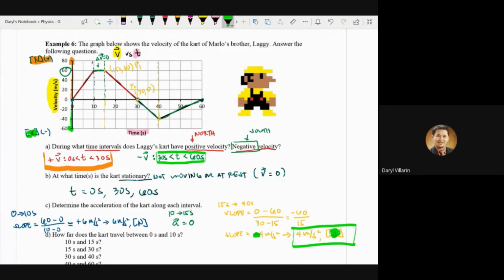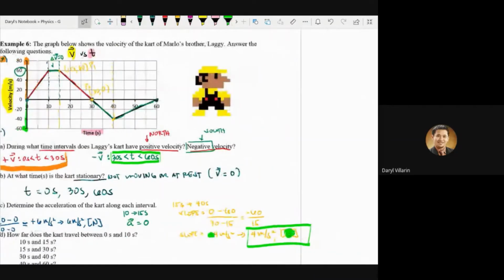And then lastly, we have this part here. So this part would be from 40 to 60 seconds. Again, I'm just going to compute for the slope to get the acceleration for each time interval.